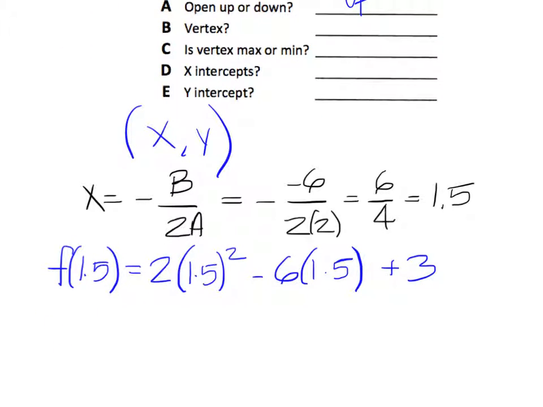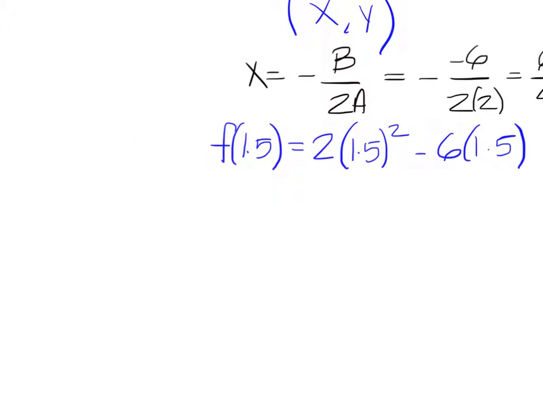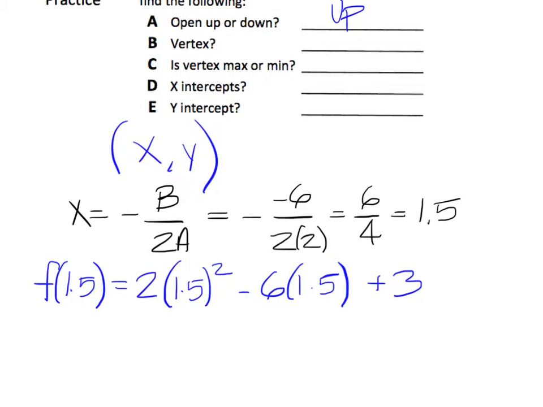So in your calculator, the first thing you're going to do is type in 1.5 and square it, and then multiply by 2, and subtract, in parentheses, 6 times 1.5, and then add 3. You should come up with a value that is negative 1.5.